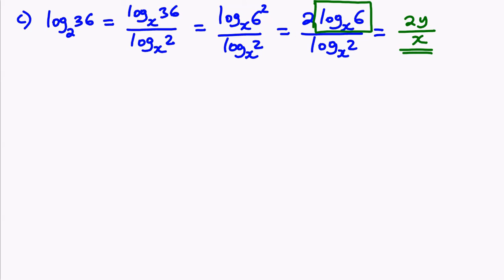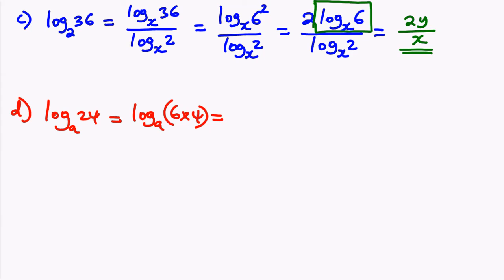D, log to base a of 24. Now we know that 24 is 6 times 4, so this will be log to base a of 6 multiplied by 4, and I can expand that using laws of logarithms to log to base a of 6 plus log to base a of 4.